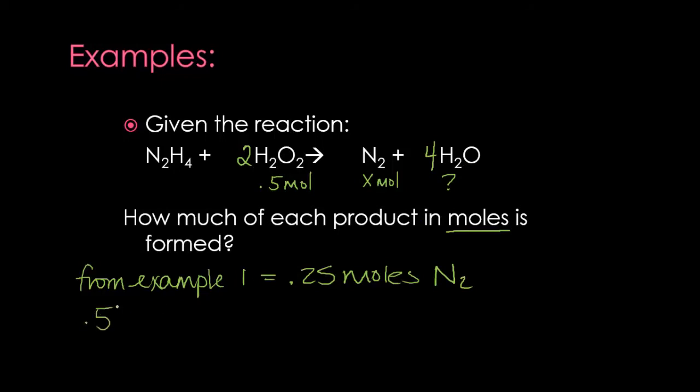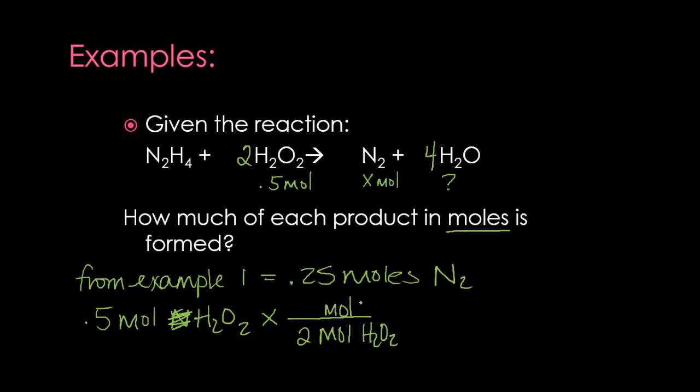So again, start with your limiting reactant, so 0.5 moles of H2O2. And I need to times my line, moles of H2O2 on bottom with its coefficient. I want to change this into moles of H2O with its coefficient.